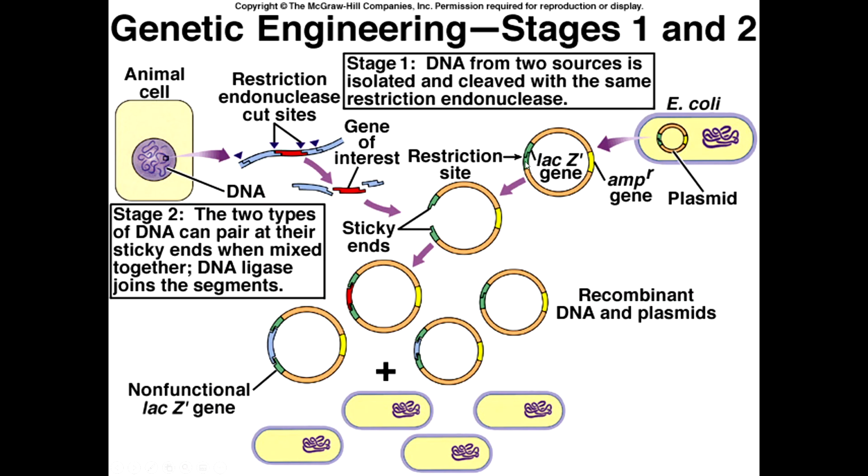Well, we can lace it with particular kinds of substances like lactose so we can identify these, because we really have to do some detective work in order to figure out which bacteria has taken up the gene of interest. So we use this LAC-Z gene, and we also use an ampicillin resistant gene. So what's ampicillin?